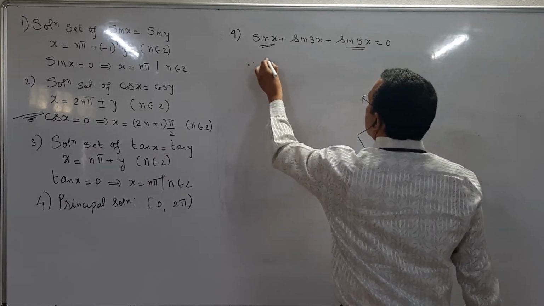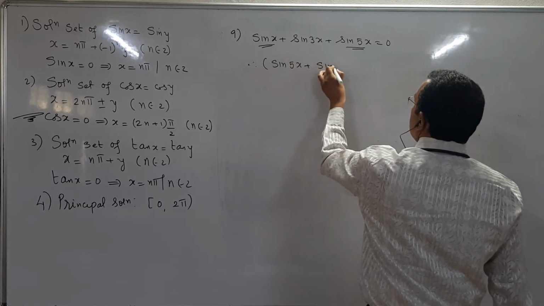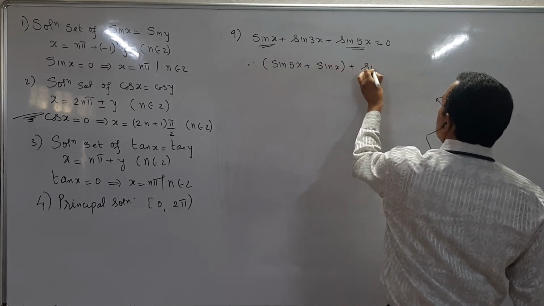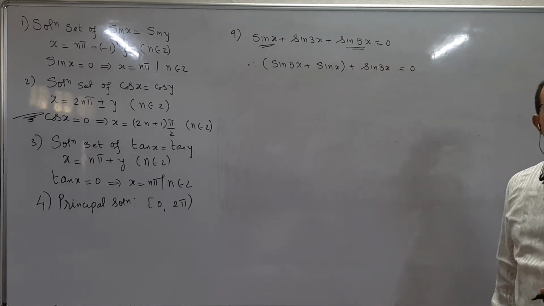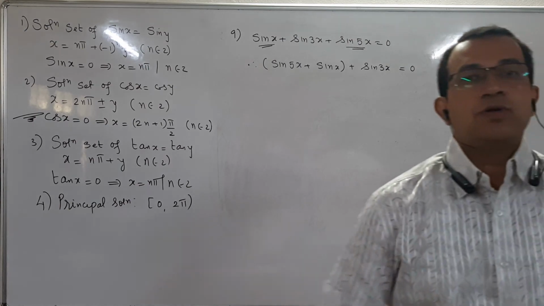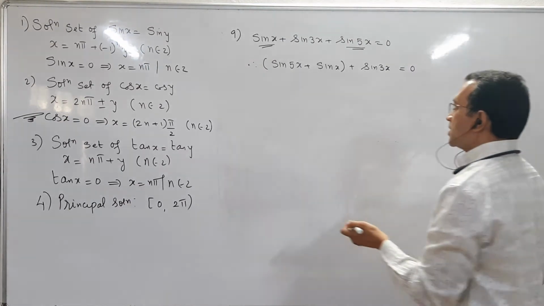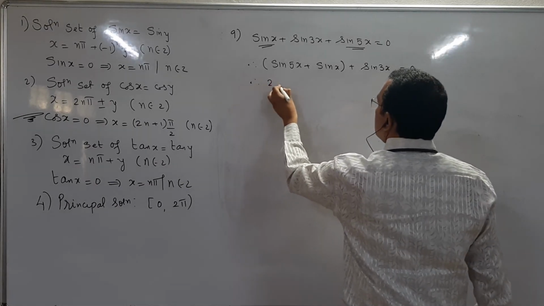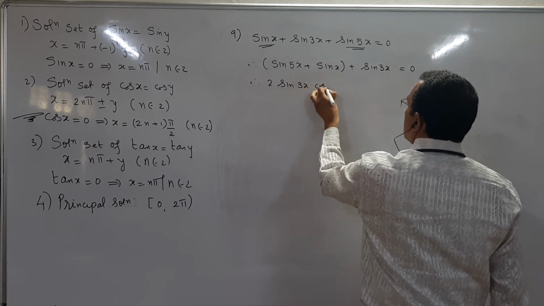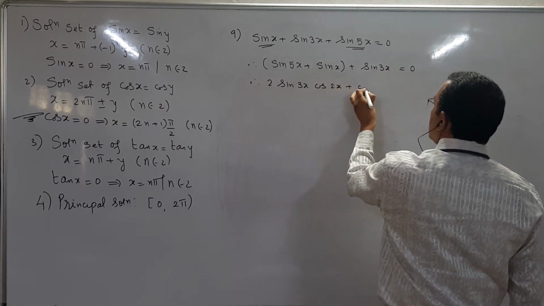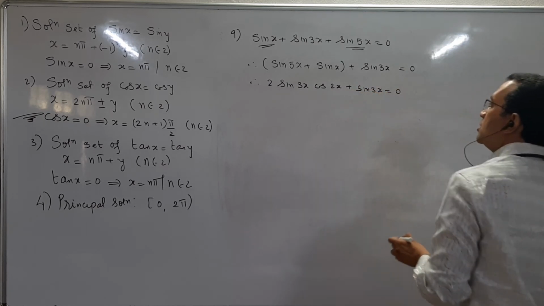So grouping like this, sine of 5x plus sine of x plus sine of 3x is equal to 0. Now sine plus sine is 2 sine C cos D. So 2 sine of (5x plus x) by 2, so 3x, cos of (5x minus x) by 2, so 2x, plus sine 3x is equal to 0.